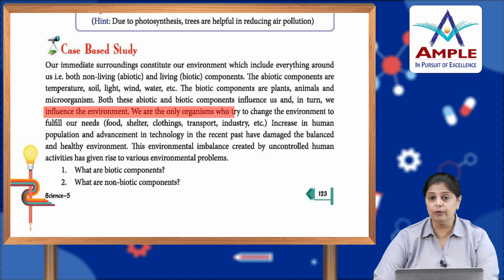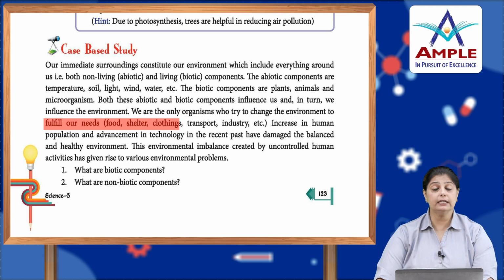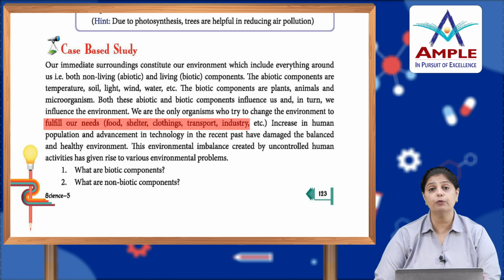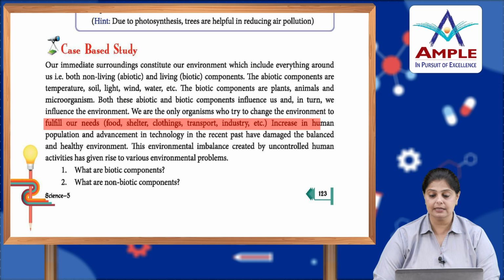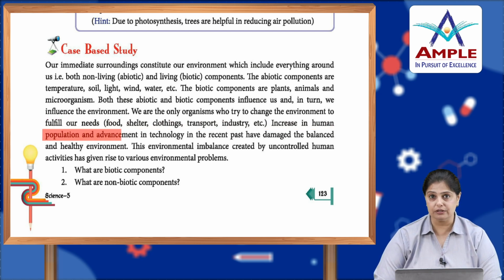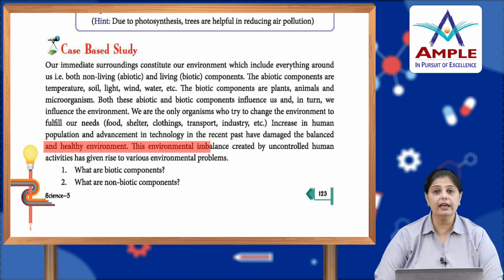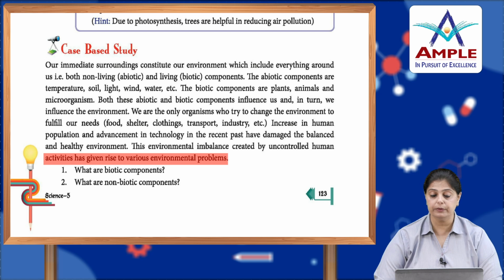We are the only organisms who try to change the environment to fulfill our needs. Food, shelter, clothing, transport, industry, what are these? These are our needs. Increase in human population and advancement in technology in the recent past have damaged the balanced and healthy environment. This environmental imbalance created by uncontrolled human activities has given rise to various environmental problems.